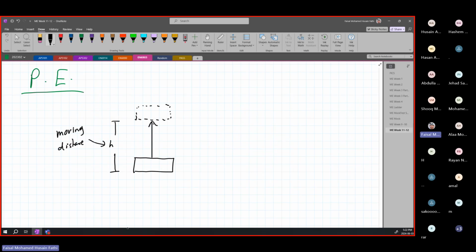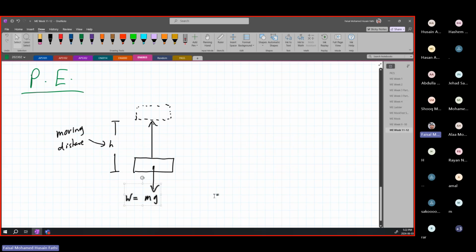Okay, so again, the same idea, but here we already have something known as the weight of the object, which is mg, which is weight, W. W is equal to mg. So in this case, now we need to overcome this mg. This force over here needs to overcome mg.